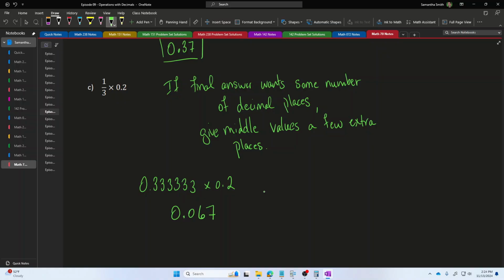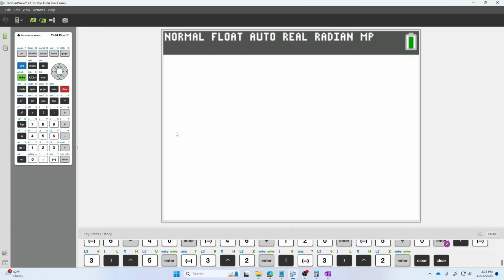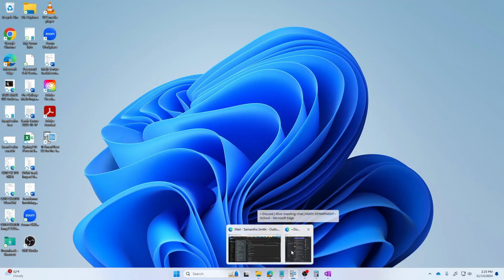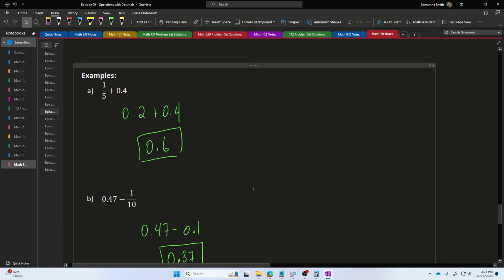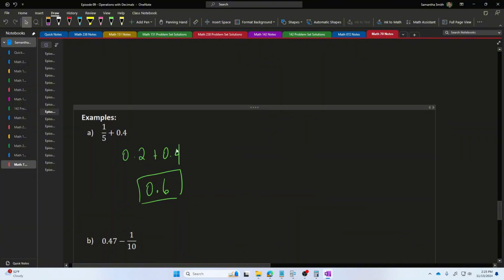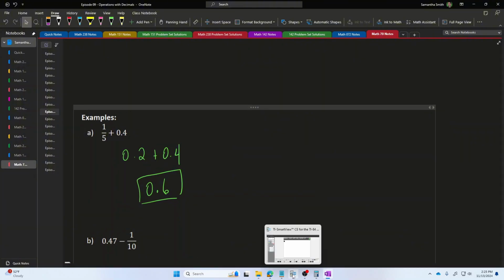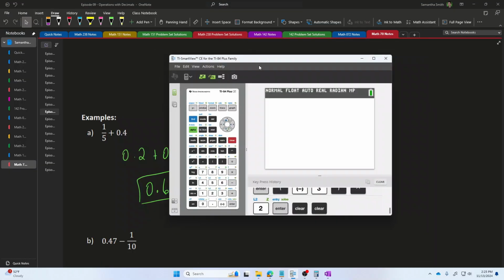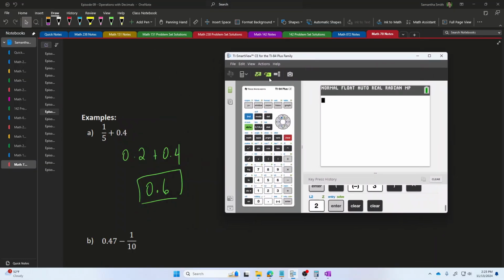Now, if you are working with a graphing calculator that allows you to type in slightly more sophisticated expressions, you can also just do the whole calculation at one time, typing into the calculator exactly what you see written down in your problem. The only thing that I would caution you is that when you're entering fractions into the calculator, put fractions in a set of parentheses of their own.